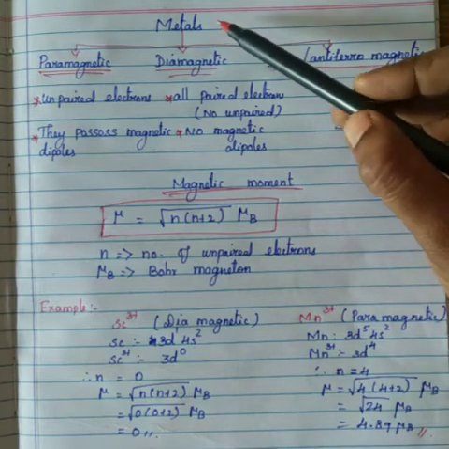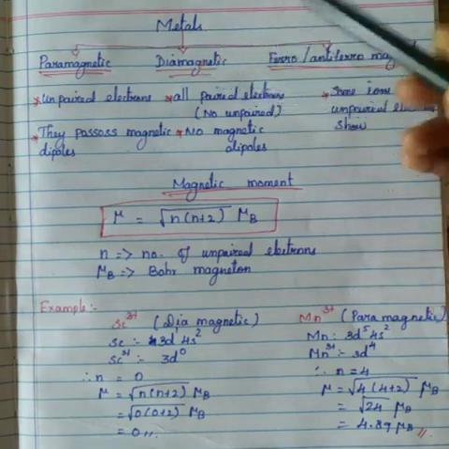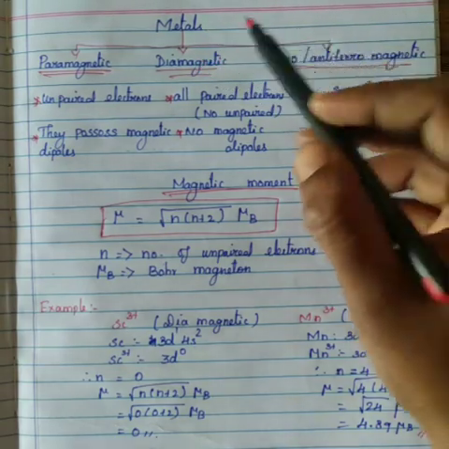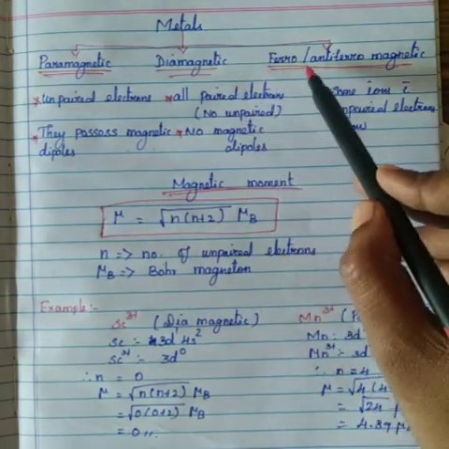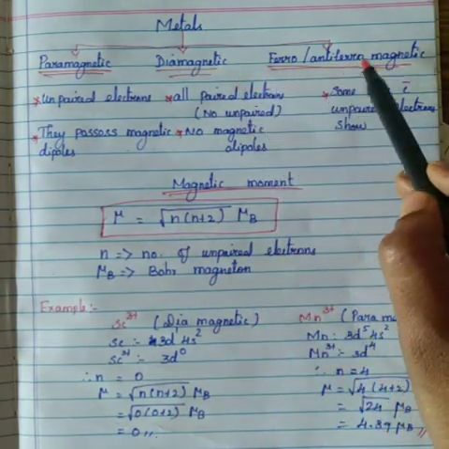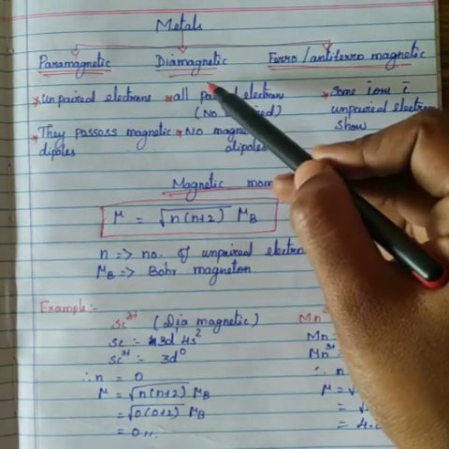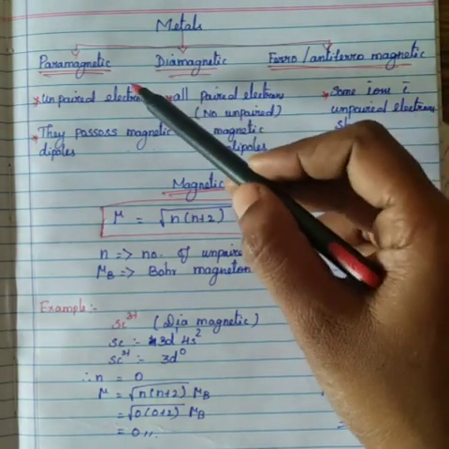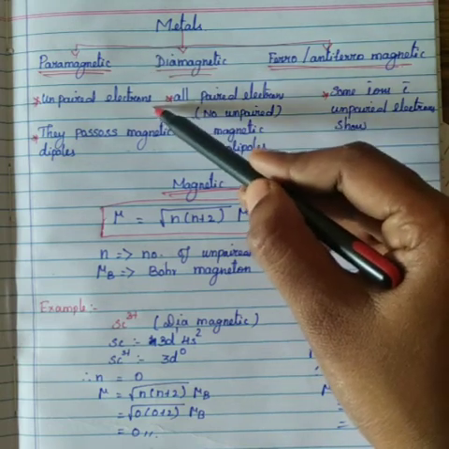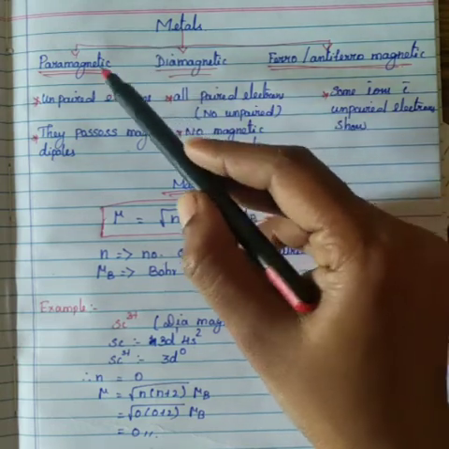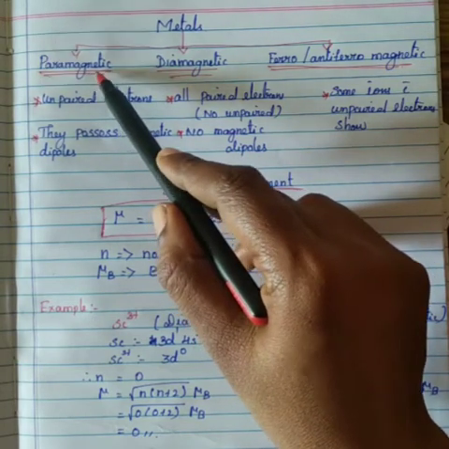Basically, we know these metals have three types of magnetic properties: paramagnetic, diamagnetic, and ferro and antiferromagnetic. In transition metals, if the metal has unpaired electrons, it is considered paramagnetic.